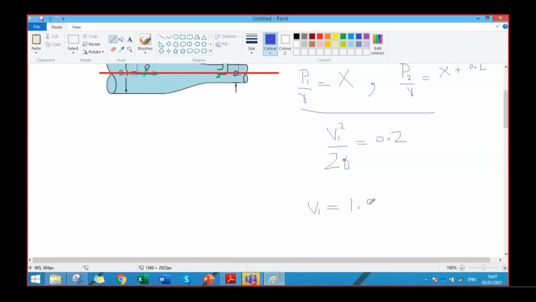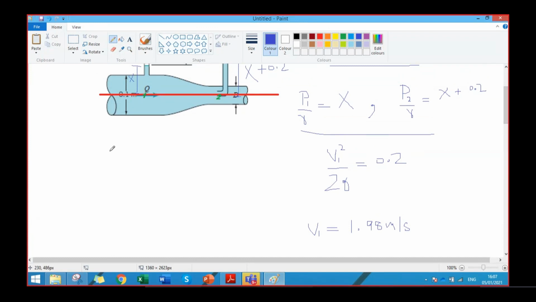So if we know V1, can we calculate the flow rate? Basically, we are interested in calculating the flow rate. The flow rate can be calculated using Q equals A1 into V1. And area 1 can be calculated because we are given the diameter of the pipe as 0.1 meter. So pi d1 square by 4 into V1.